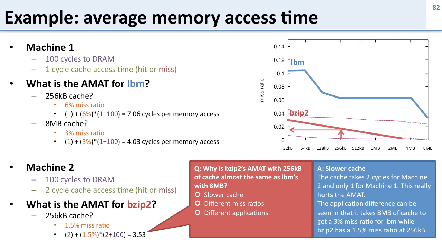The application difference is the difference in the miss ratio. LBM had a 6% miss ratio and bzip had a 1.5% miss ratio. But the reason why bzip is just about as slow, even though it has a much lower miss ratio, is because the cache on machine 2 is much slower.